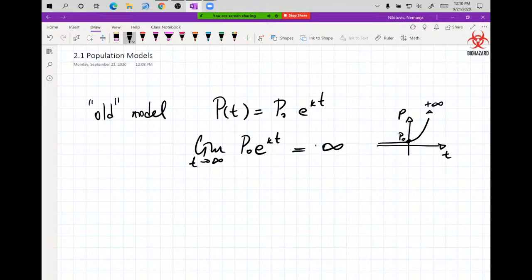So it's not a good model overall, not a realistic model, because you cannot keep piling up population, people or rabbits, I don't care what, infinitely past a certain point that the habitat can sustain.